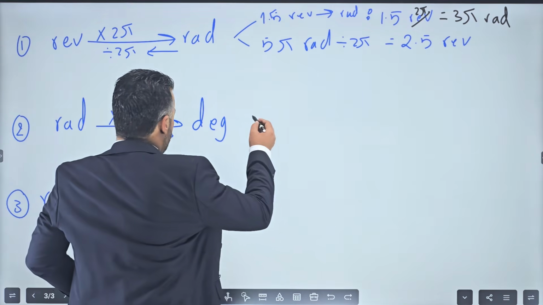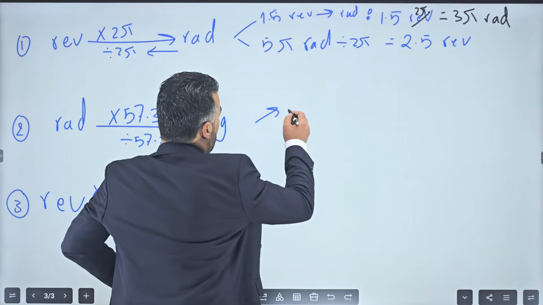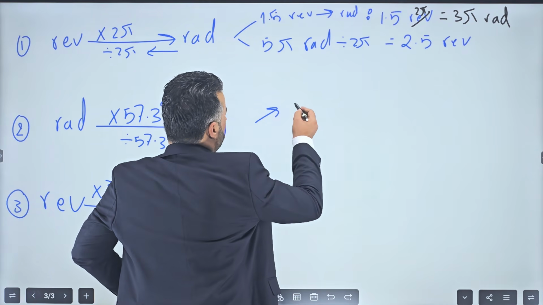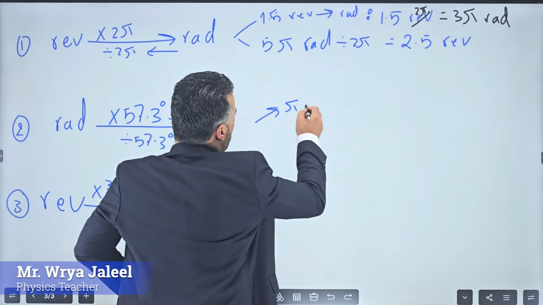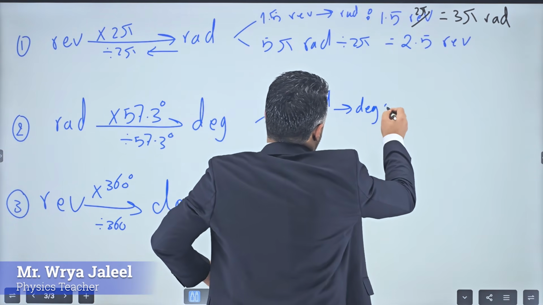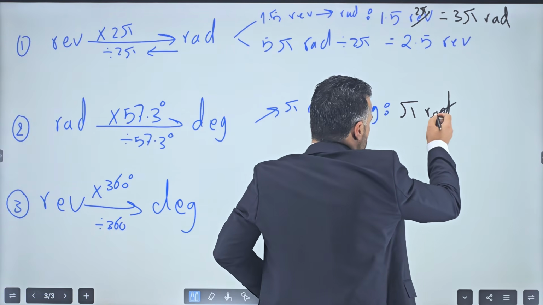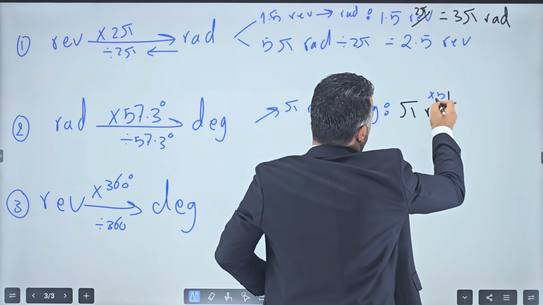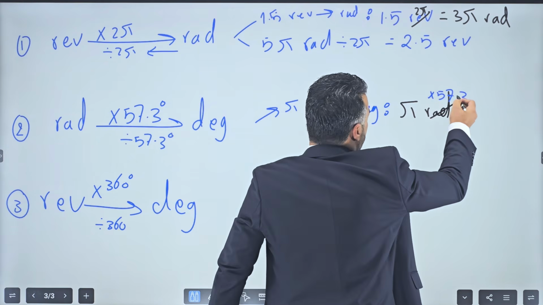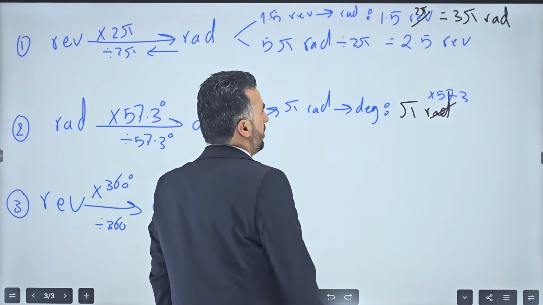How about if I want to convert radian to degrees here? Let's just say pi radian to degrees. Now, this is what you need to do. So pi radian. Now, instead of this radian, just multiply by 57.3, because we said every radian is equal to 57.3.